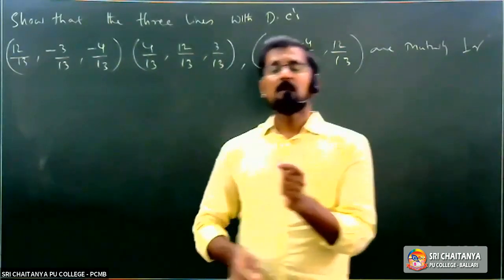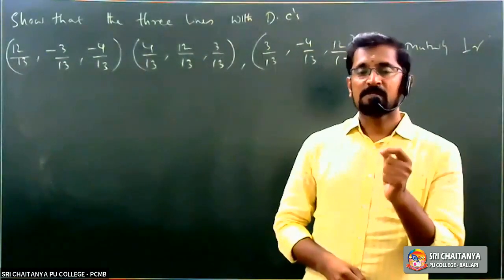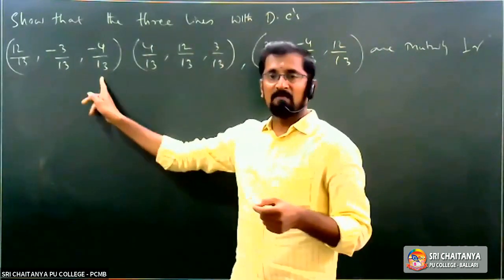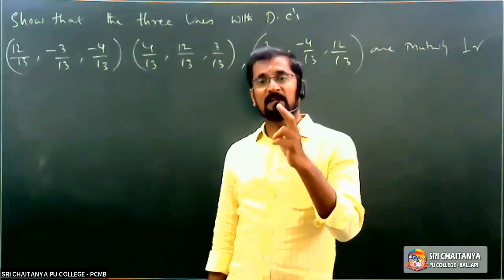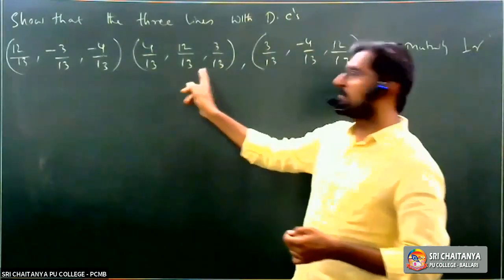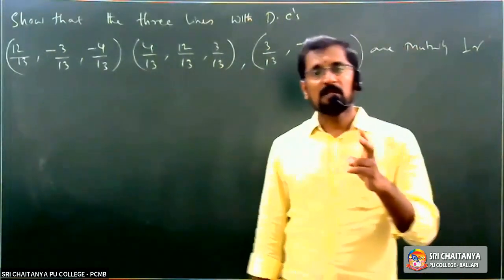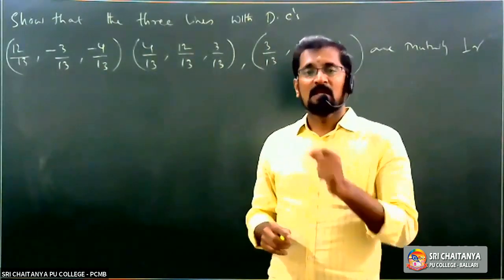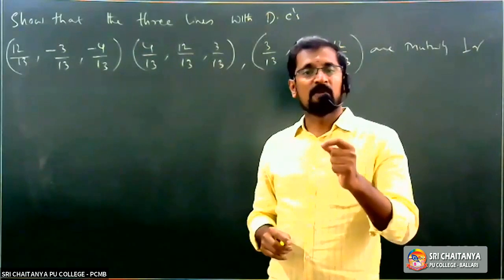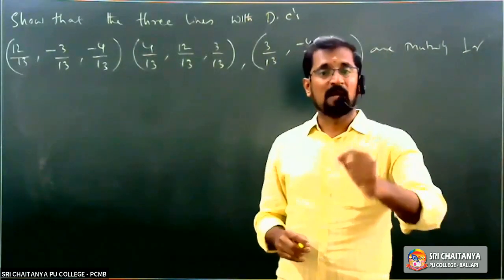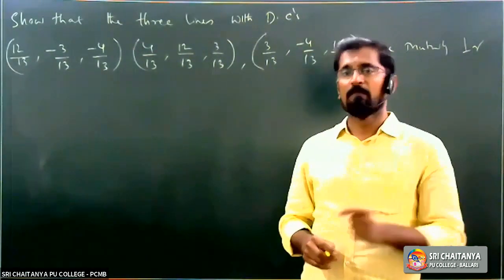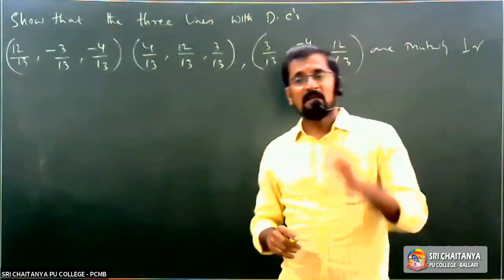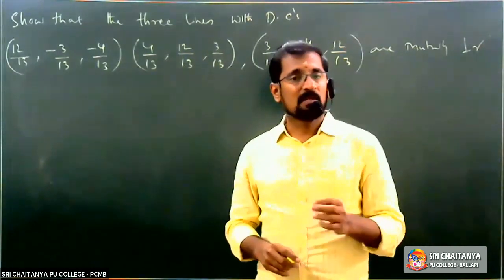Observe this one carefully. Let us consider DCs of first line are L1, M1, N1. DCs of second line are L2, M2, N2. To show that first line and second line are perpendicular to each other, L1 L2 plus M1 M2 plus N1 N2 value should be equals to 0. Let me consider the third line DCs are L3, M3, N3.